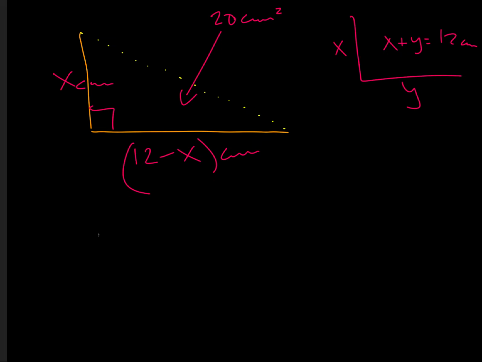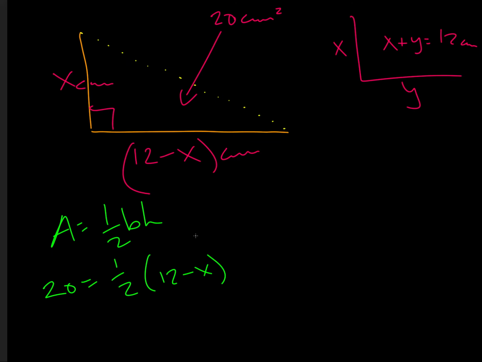Okay, so the area of a triangle is 1/2 base times height. We know the area is 20. We know the base is 12 minus x, and we know the height is x. Okay, so we set that into our algebra expression, and I'm going to distribute the x.